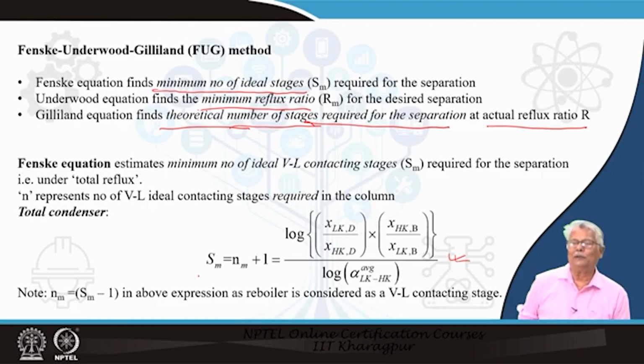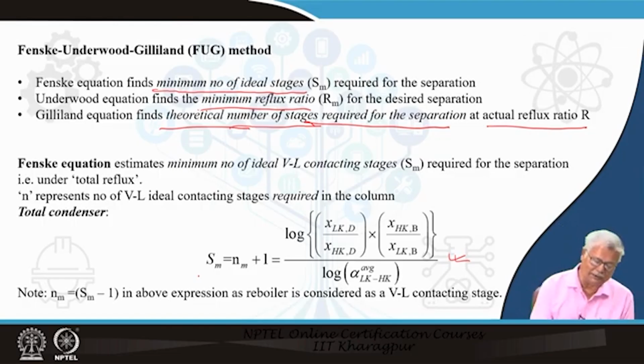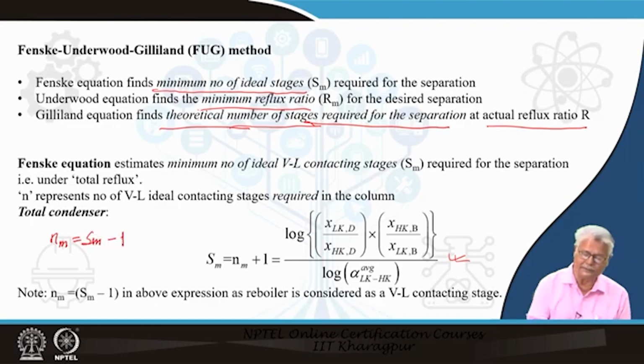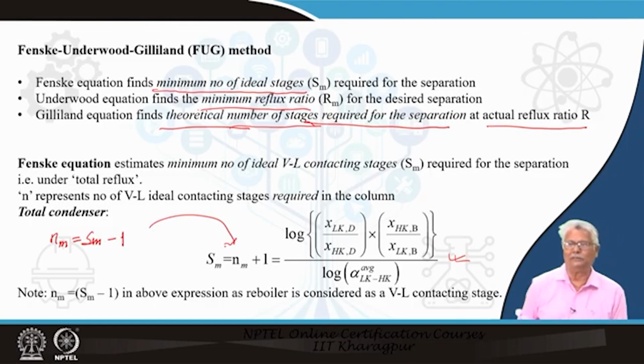Now, if you look at the distillation system, we will find there is one vapor liquid contacting which is happening in your reboiler. So, if you have Sm number of stages, the number of stages of contact that you have to provide inside your column or tower is less than Sm by 1. That means, basically Nm is equal to Sm minus 1, which is reflected here in the same equation as an additional term.